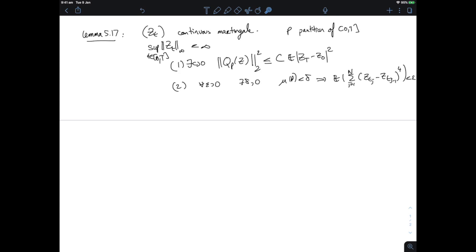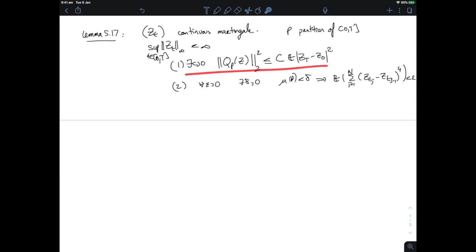For those, we'll see that the P quadratic variation can be estimated by the expectation of the continuous martingale somewhere at the endpoint of the time interval. That's essentially a consequence of the martingale property, something reminiscent of the L2 maximal inequalities of Doob.